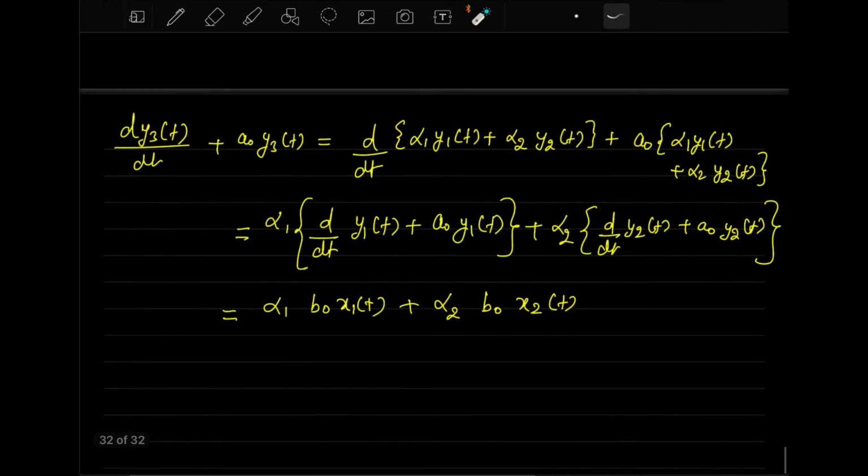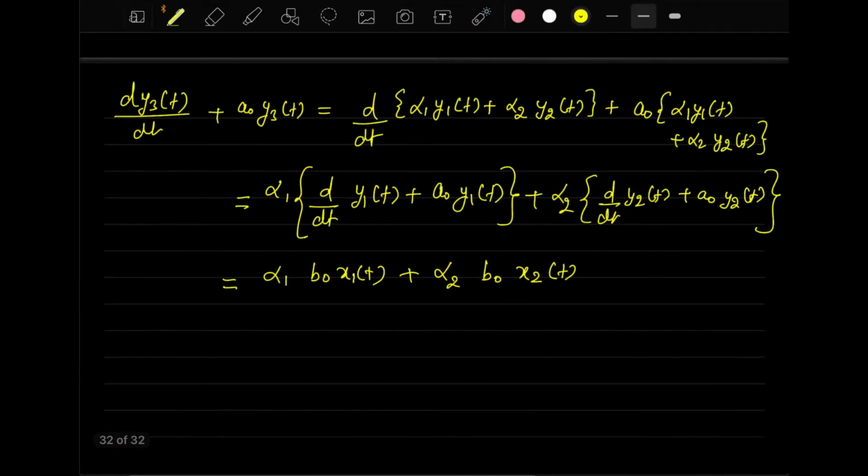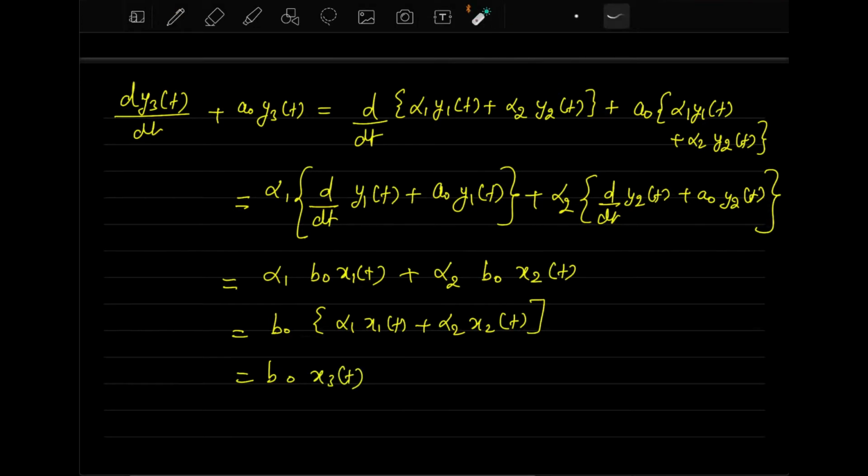Here we have these two terms, and from here you can take b0 common, and then you will have alpha 1 x1(t) plus alpha 2 x2(t). This you can again write as b0 x3(t), because we stated earlier that x3(t) is a linear combination of the two.